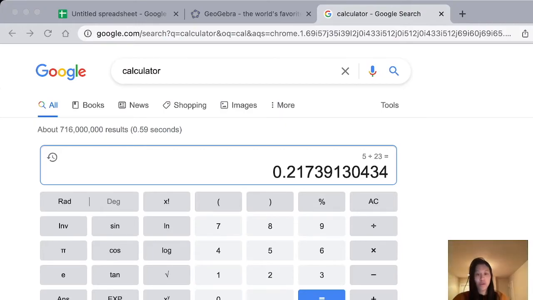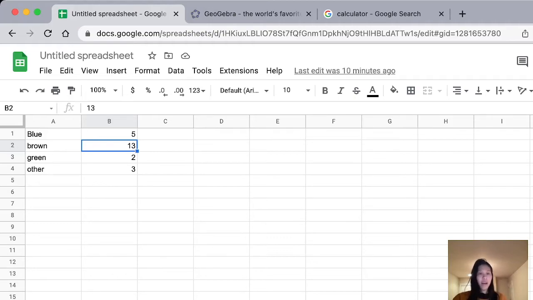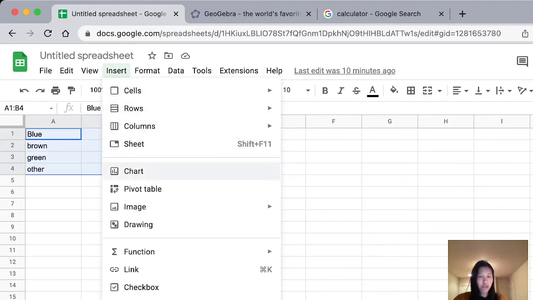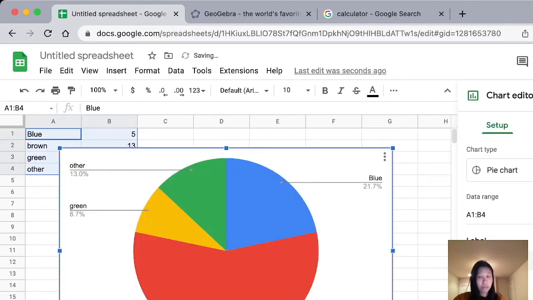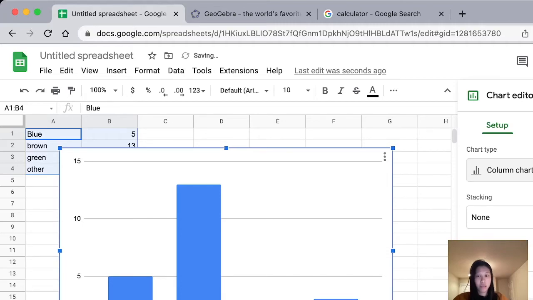So you open Google Spreadsheet and then input the data: blue eyes, brown eyes, green eyes, and other. And then you choose all of this data and then insert a chart. Then here you can choose the type of chart. For example, this one is the bar chart, right? It shows you the frequencies.